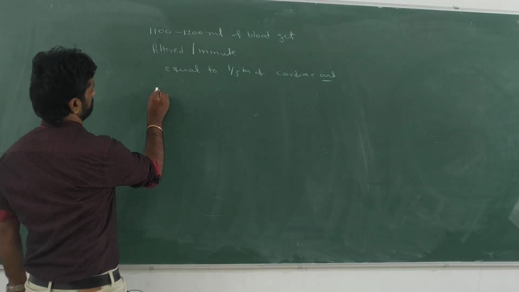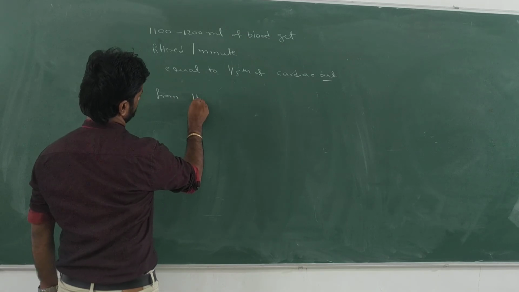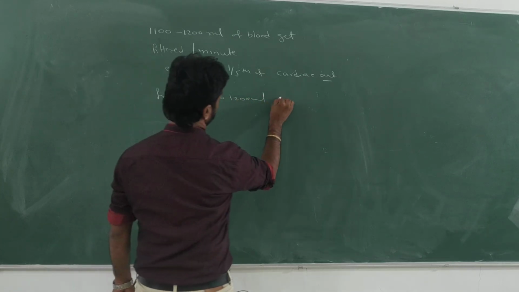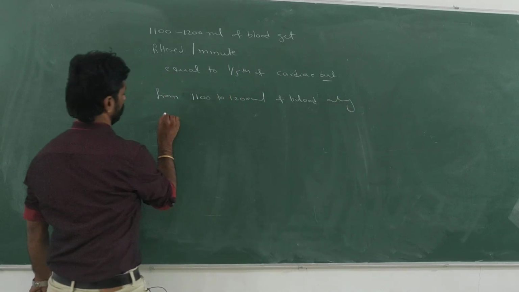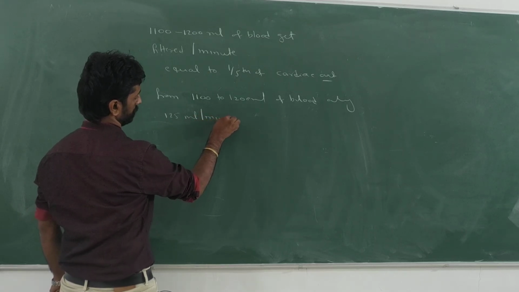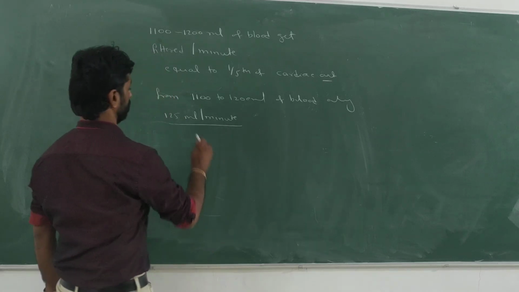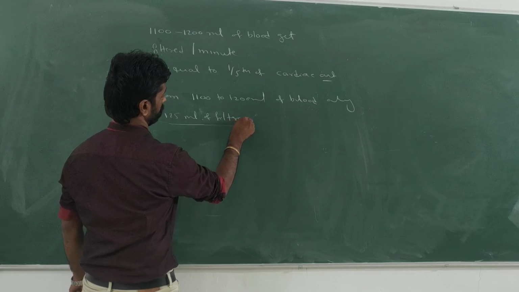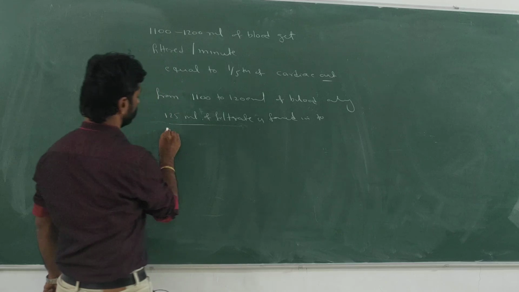From 1100 to 1200 ml of blood, only 125 ml per minute of filtrate is formed in the Bowman's capsule.